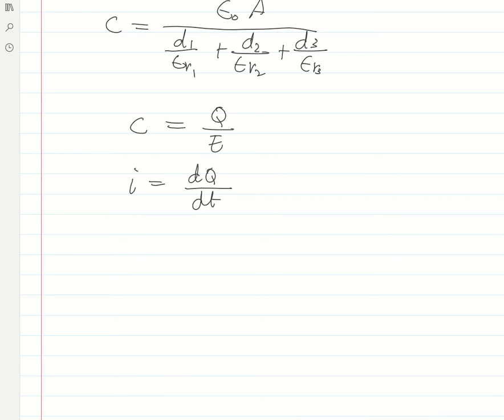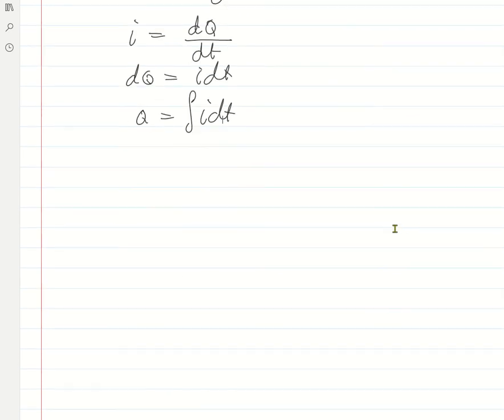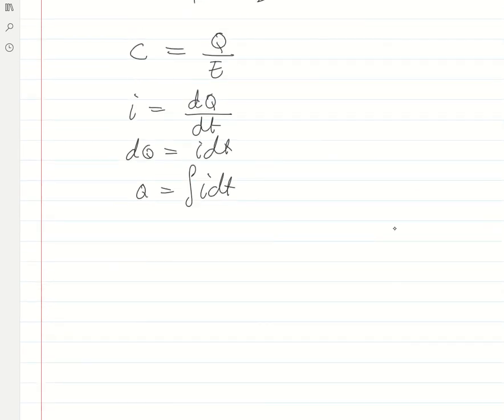So if we solve for Q here, dq is equal to I dt, and q will be equal to the integral of I dt. And we substitute this one in the first formula, then we solve for the current. C will be equal to Q, which is the integral of I dt, divided by E.